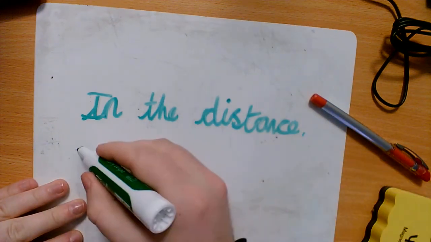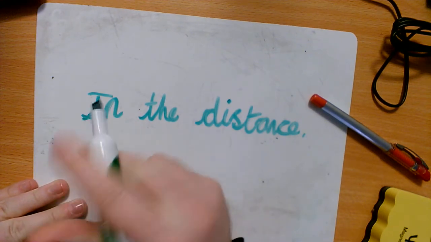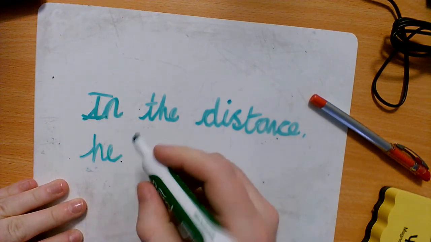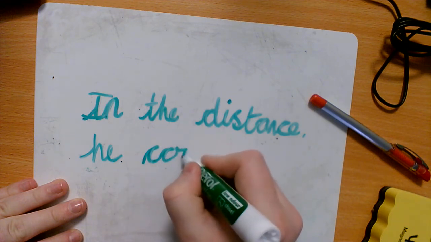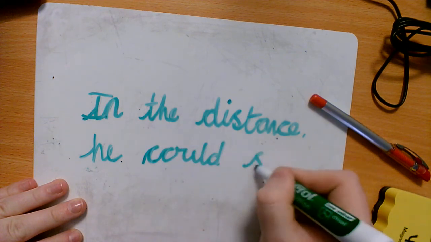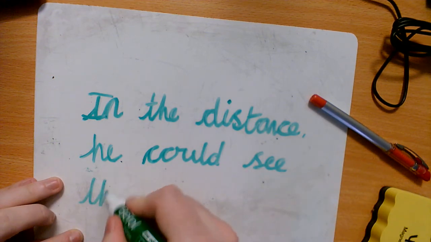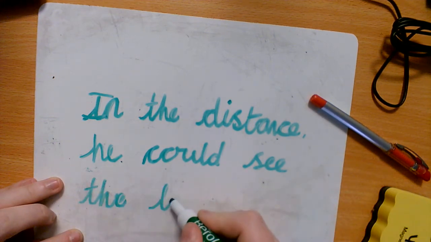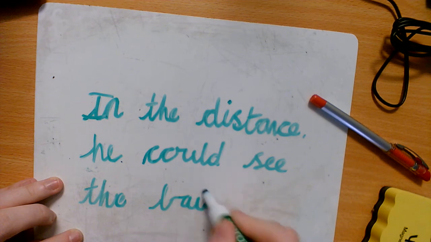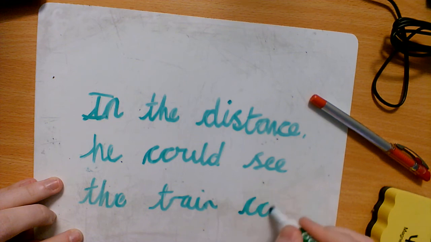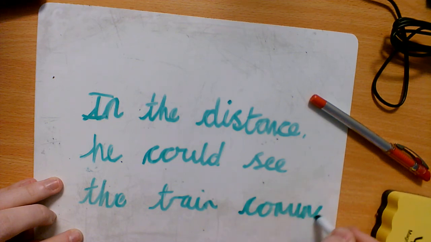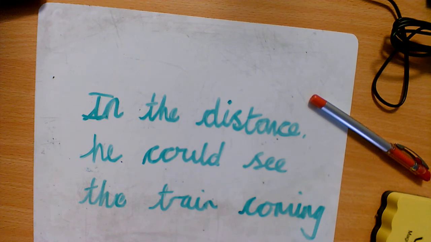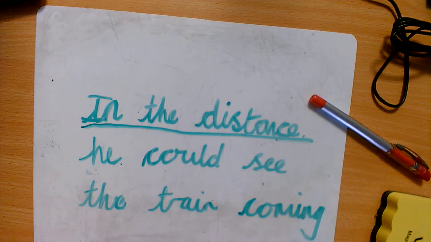So I will put he could see the train coming. So there is mine. In the distance, he could see the train coming. I was given this fronted adverbial, and I added the sentence to go along with that.